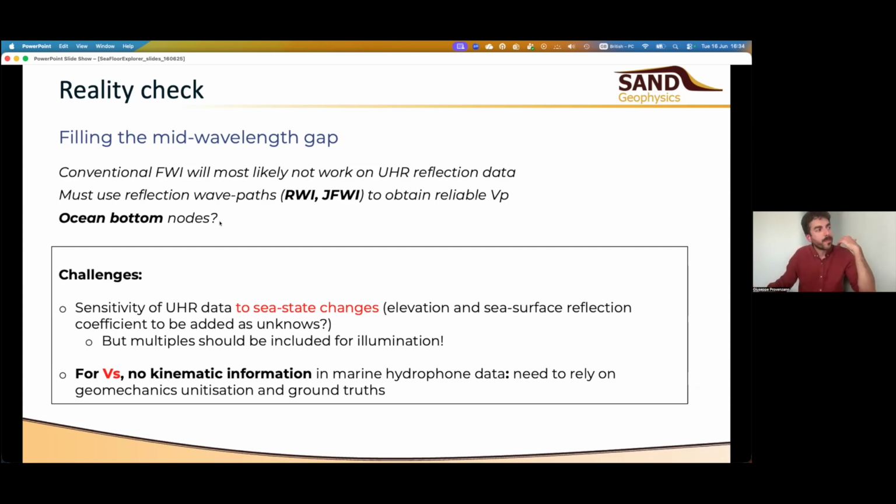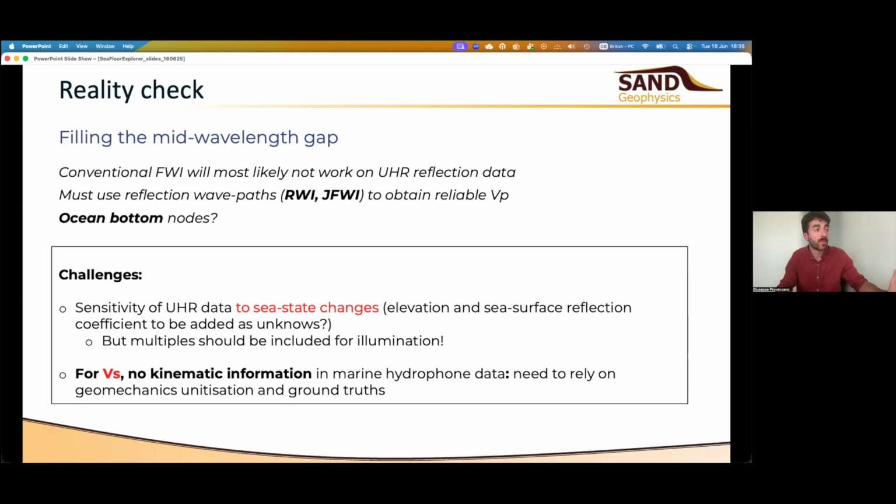So I think, just like it happened in the oil and gas industry, it's my opinion that perhaps not only reflection full waveform inversion, but also the deployment of acquisition methods such as ocean bottom nodes and ocean bottom cables will be key in order to have a more robust reconstruction of the subsurface that is entirely data driven.